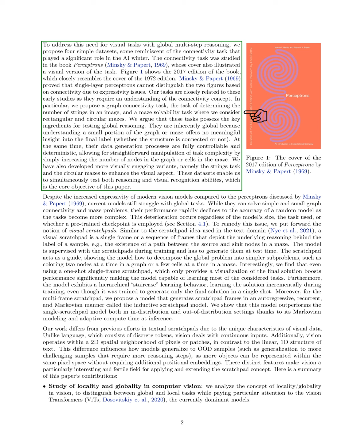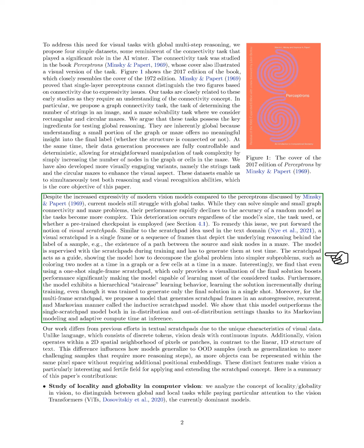These tasks are global because knowing a small part of the graph or maze does not provide meaningful insight into the overall structure. We have also created visually engaging versions of these tasks, such as the strings task and circular mazes, to enhance their appeal. These datasets allow us to test both reasoning and visual recognition abilities, which is our main objective.